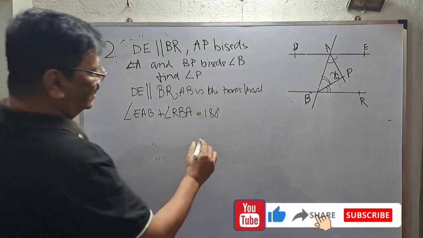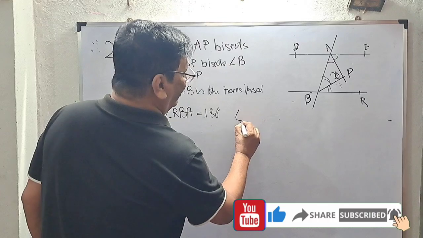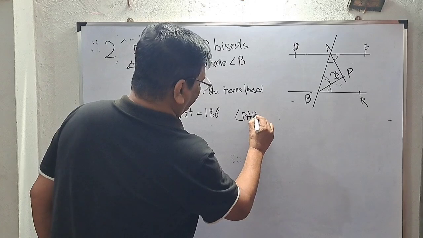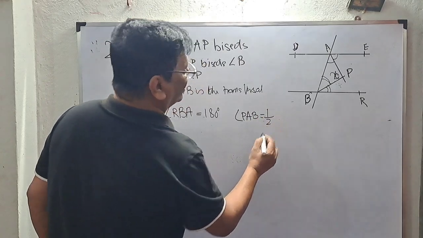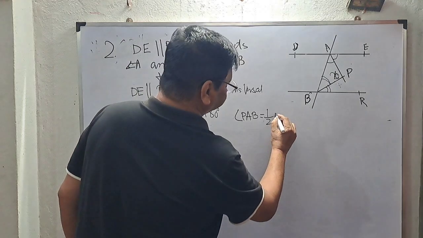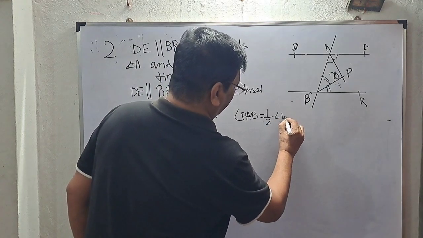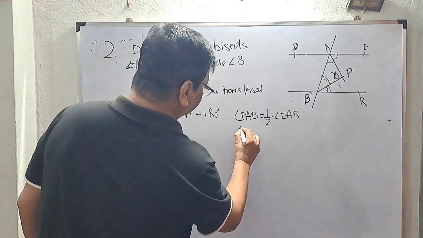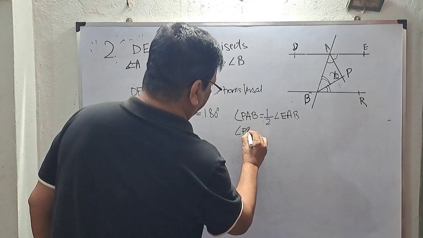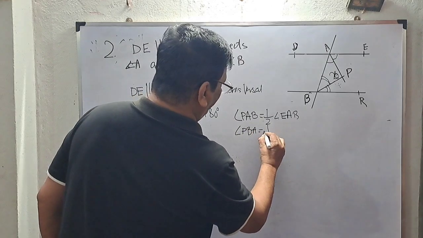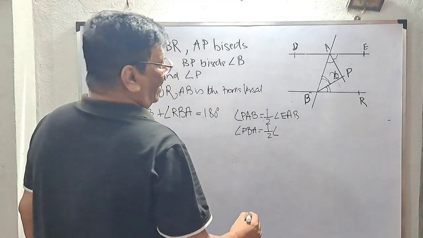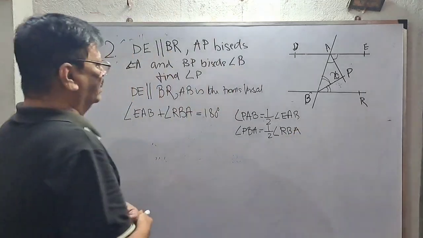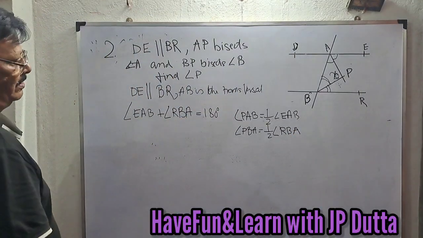Okay, now we see that angle PAB is equal to half of angle EAB. And angle PBA is equal to half of angle RBA. Correct. Now what we do, we find out half of these angles, right?